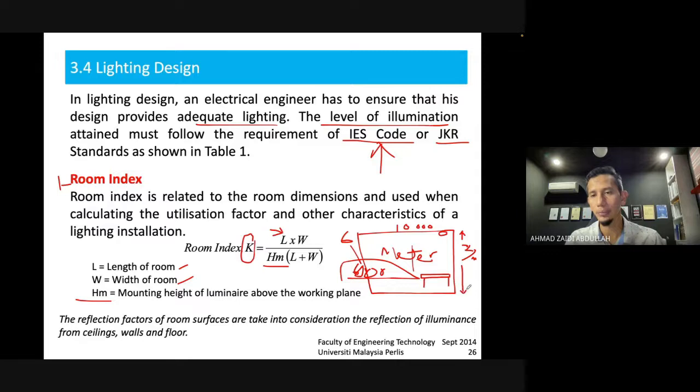But we have the desk, and the HM is calculated only from here to here, from the lamp to this working plane. So we have the complete 3 meters, and then we need to subtract the level of the desk here.